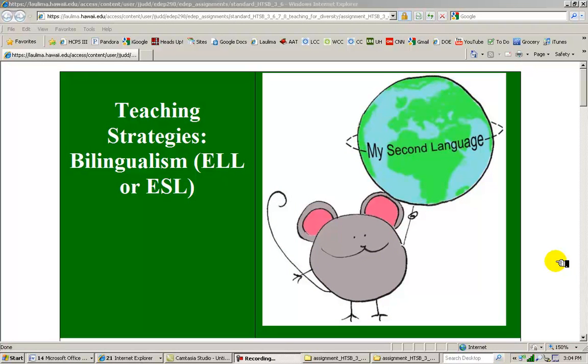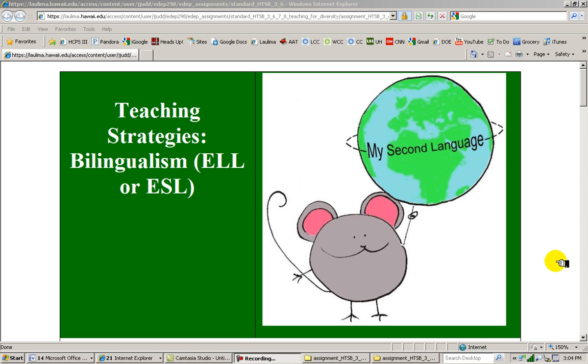The last assignment in looking at our students' diversity is focusing on students who speak a language other than English as their first language. And there's a lot of terminology that goes with this particular challenge for students, but the politically correct or the most current one is looking at students who we term English language learners.